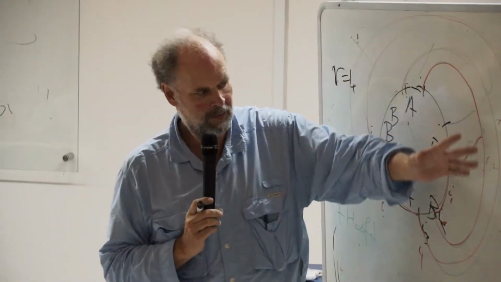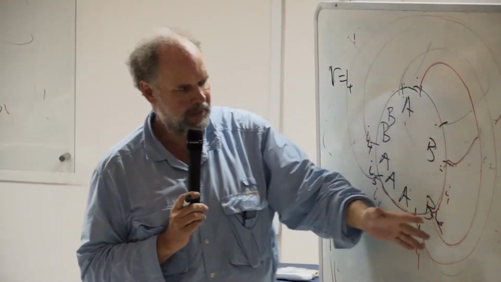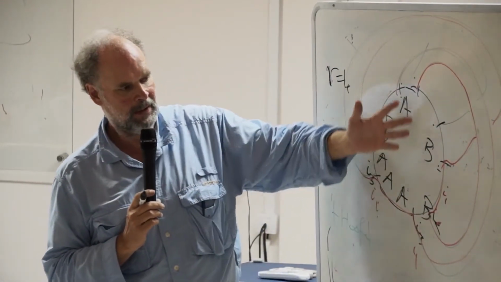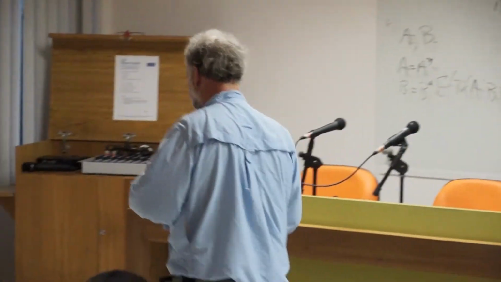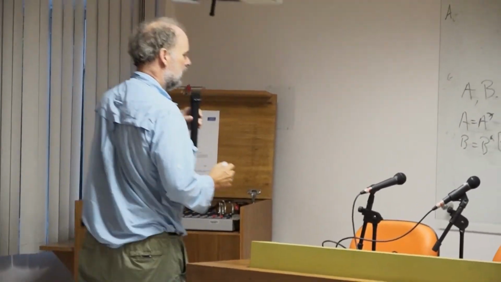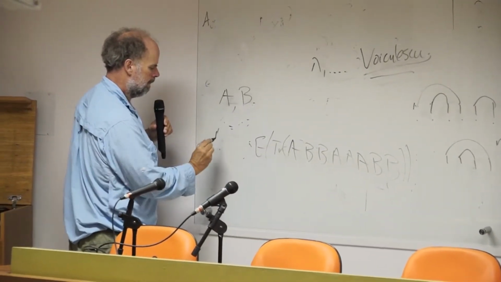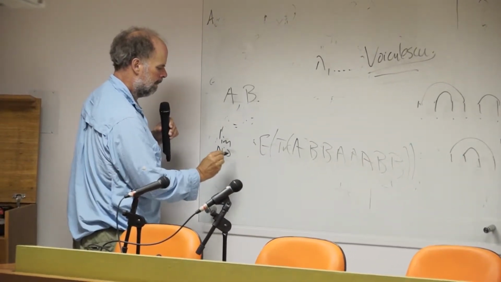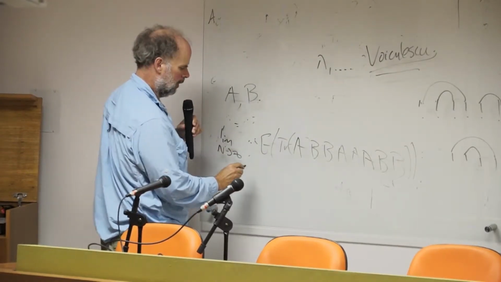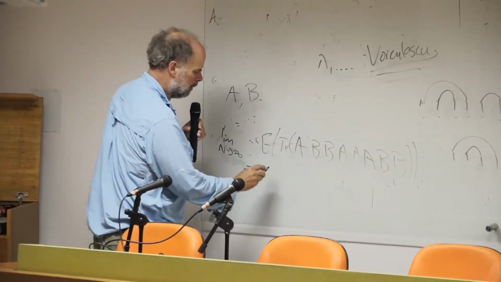We find that the only thing that contributes in the large N limit are the planar configurations. So we find that the limit as N tends to infinity of this expected value is nothing but the number of pairings.